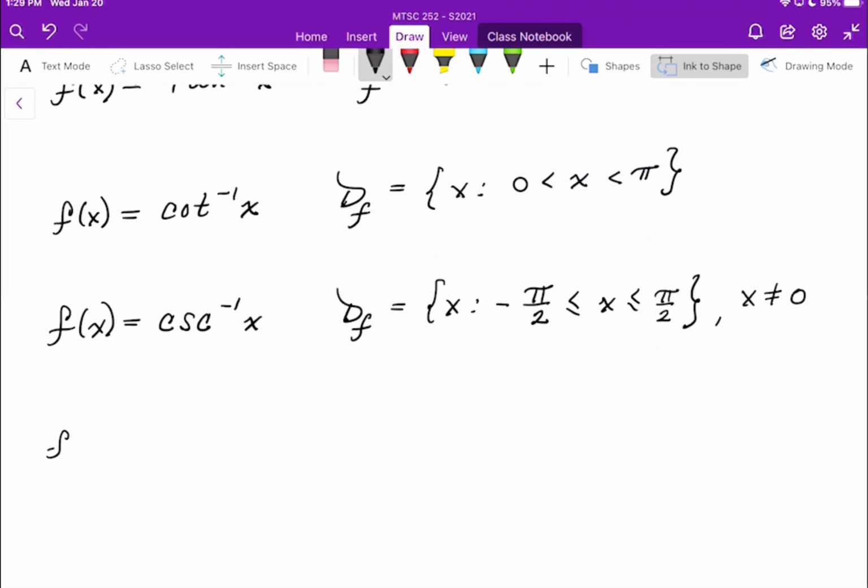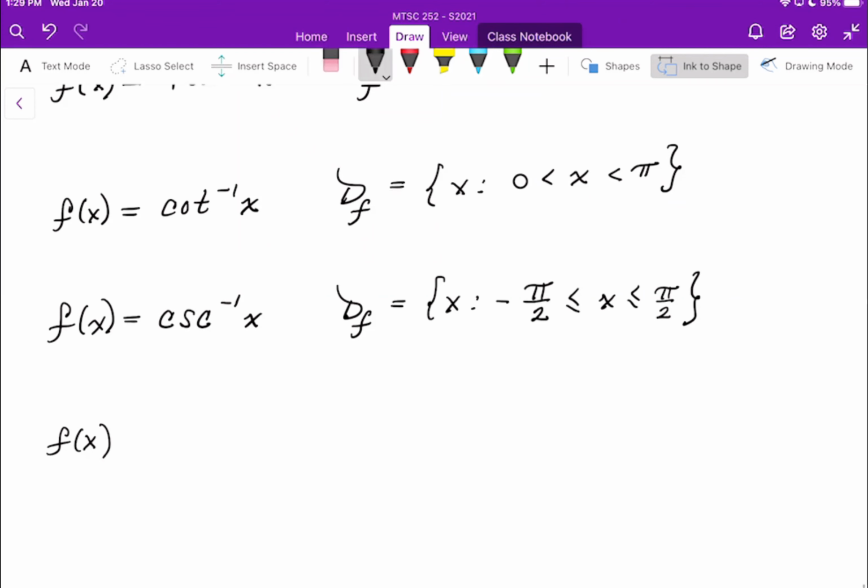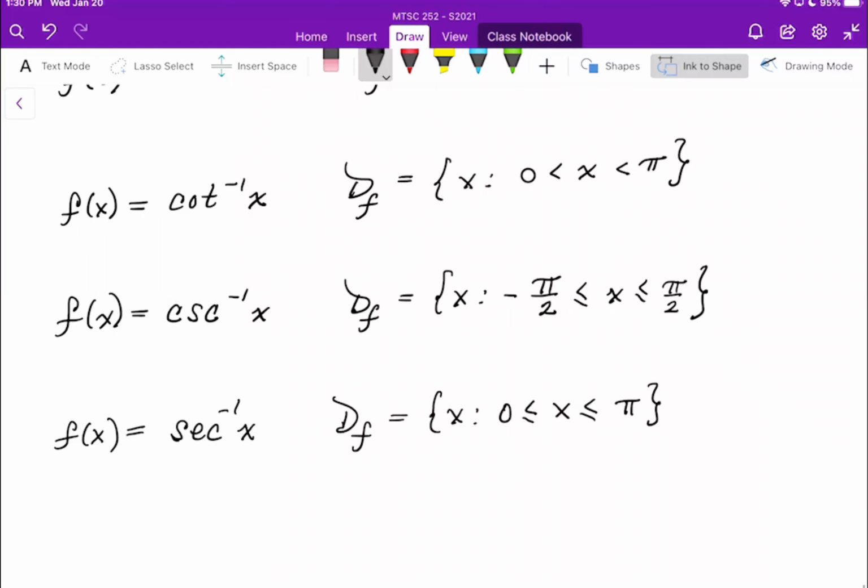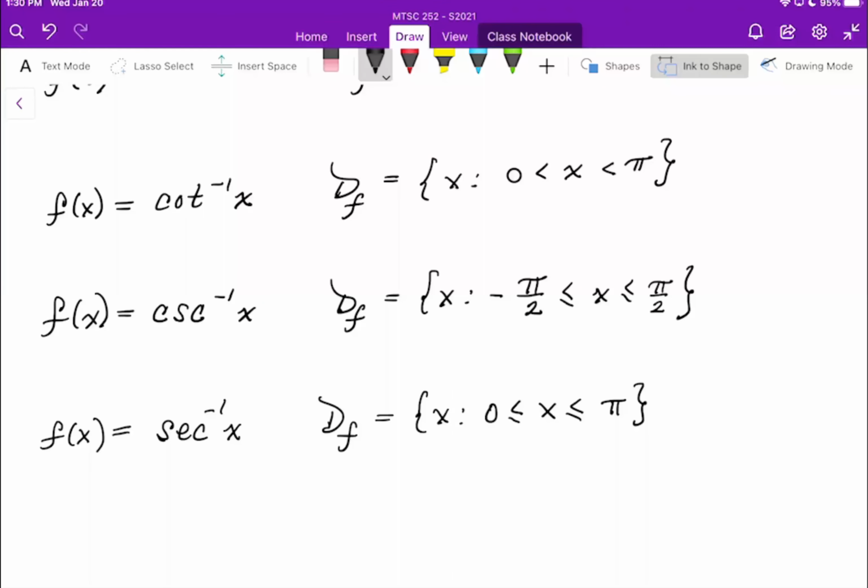And then the last one, secant. So we can't, I think that's right. Yes, those are them.